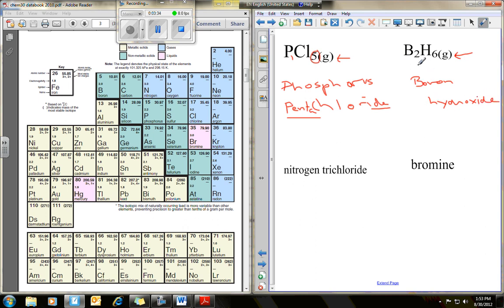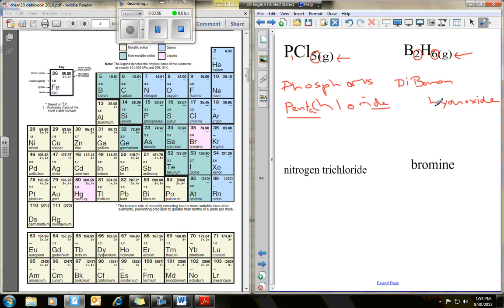Again, it's a molecular compound, so you need to take into consideration the number of atoms for each of your elements. Boron has 2. 2 is represented by either bi or di. So diboron or biboron. I think di makes more sense, so let's add di right here.